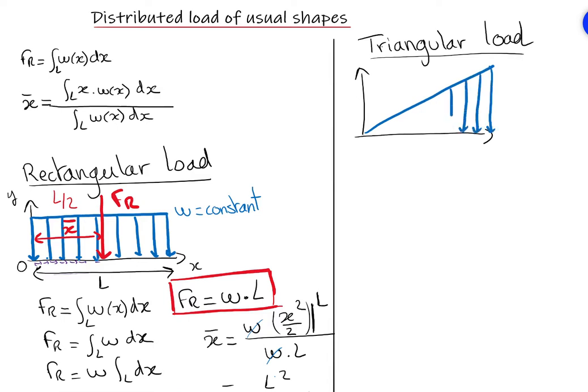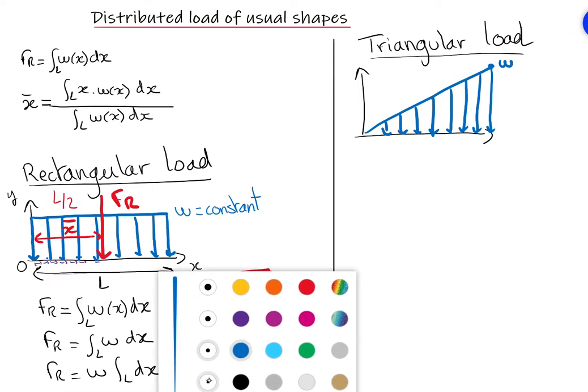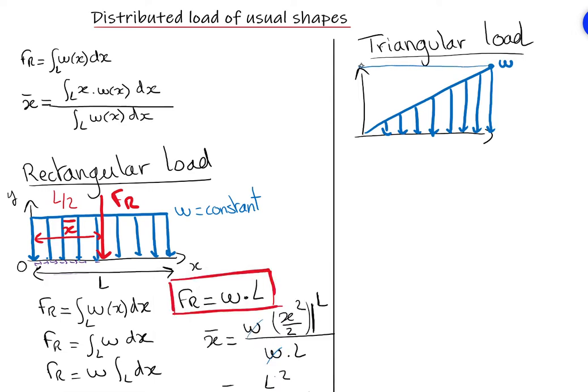The load increases with the distance, and that's a very common one. So this point there is w. The maximum of w, I will call that w max. That's the maximum load.